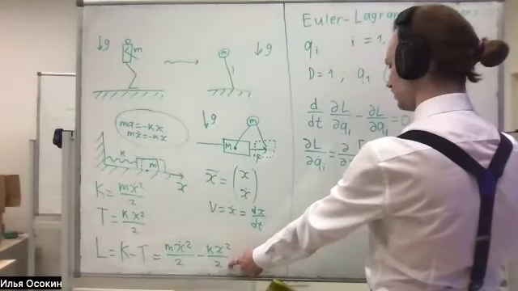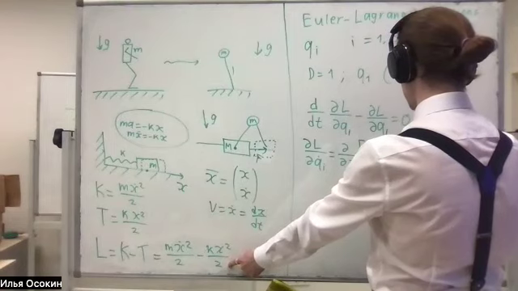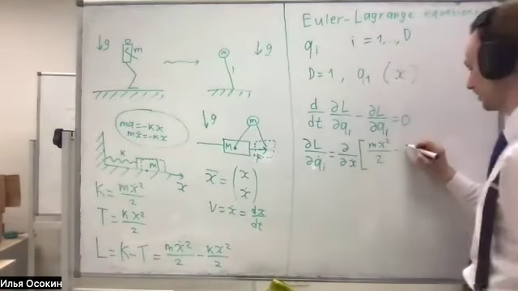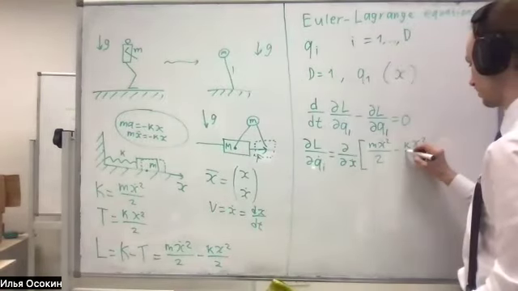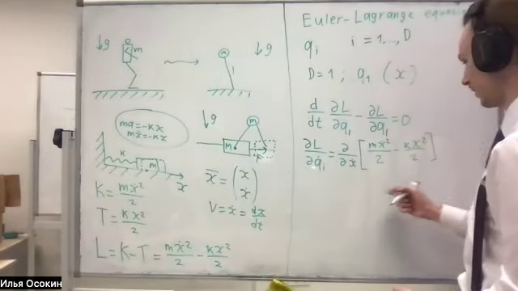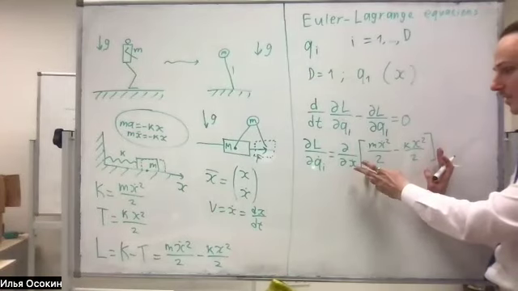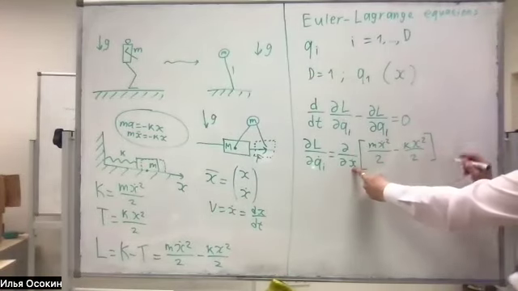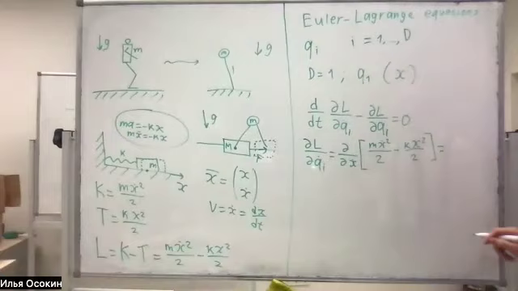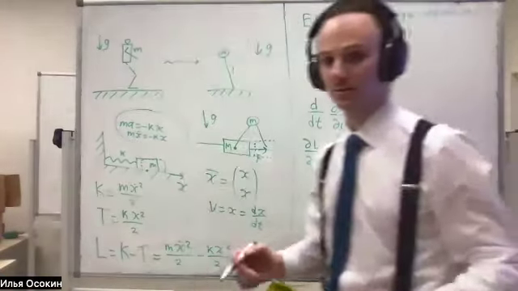So I'm going to write it down. m x dot squared over 2 minus k x squared over 2. I'm going to differentiate this Lagrangian by x dot. So let's find out what will happen.